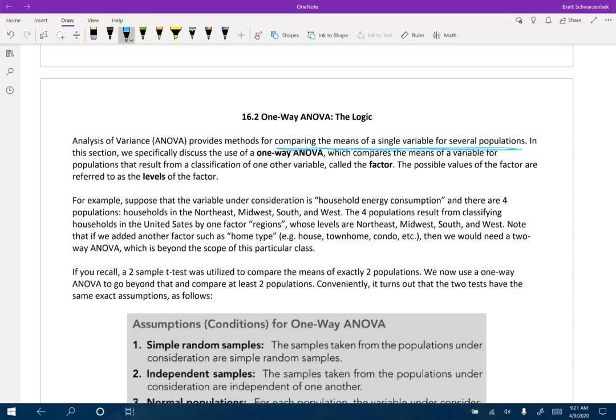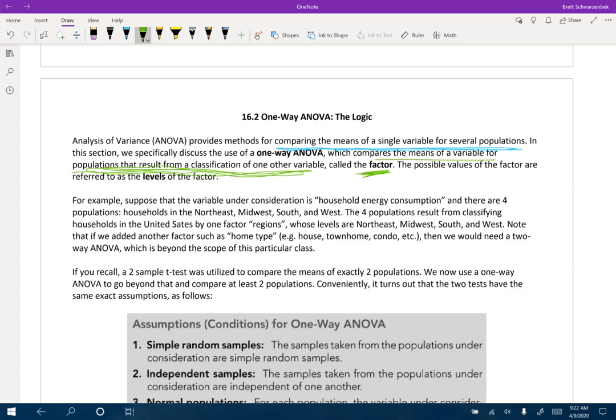I stated how we're going to be using what's called a one-way ANOVA. So what's unique about a one-way ANOVA? Basically, that it's going to compare the means of the variable populations for the result for one other variable. Just one. It's called a factor. Note that if we had gone beyond one other variable, it would have been called a two-way ANOVA, but that is not something that we do in this class.